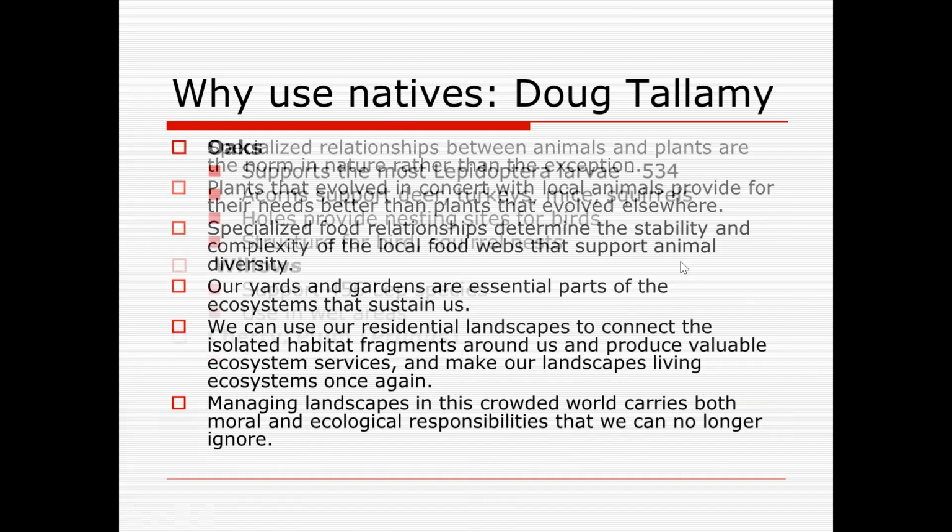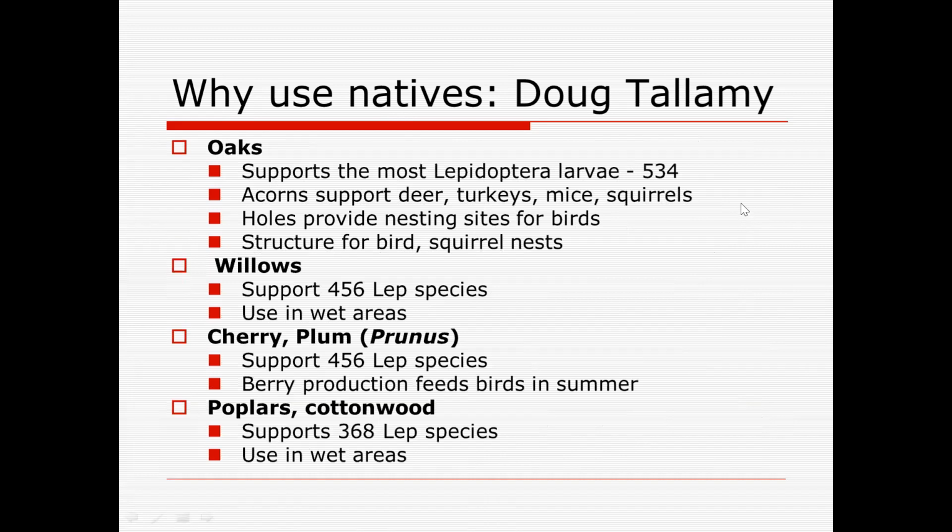What should you plant if you want to get maximum bang for the buck? Now Tallamy regards insects on trees as baby bird food, which is a good way of looking at it. So if you have a plant that supports a lot of worms, then those worms supply food to a lot of baby birds. So the top one is oaks.